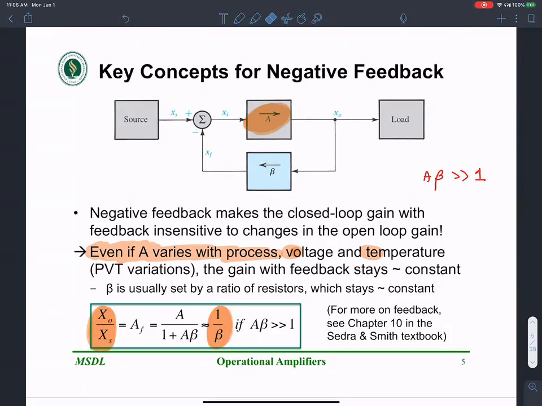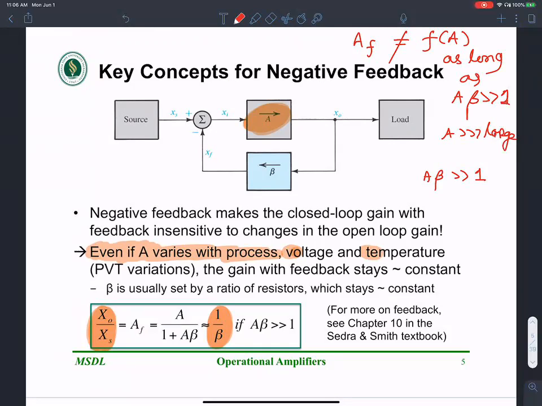That's the idea. So the overall loop gain, AF, is not a function of the open loop gain as long as A times beta is much greater than 1. And this is possible when A is really large.